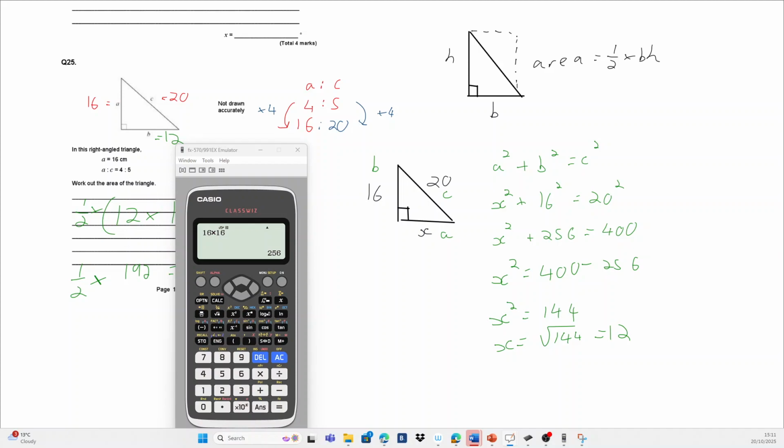And that's number 25. Question 25, 24, 25. So the mark schemes are really hard to follow. 25, 23.